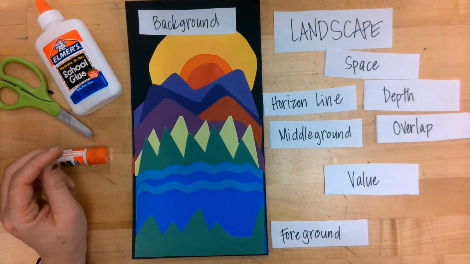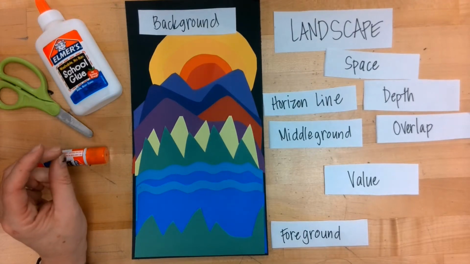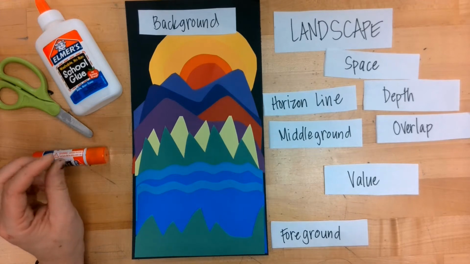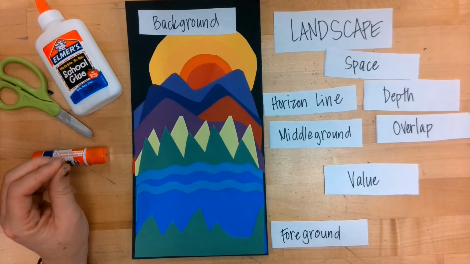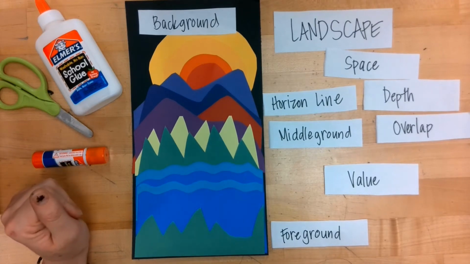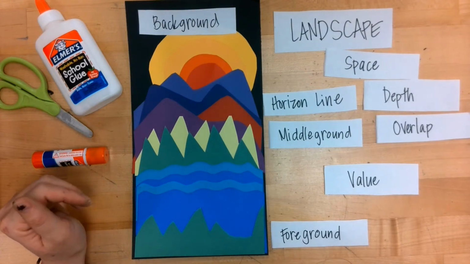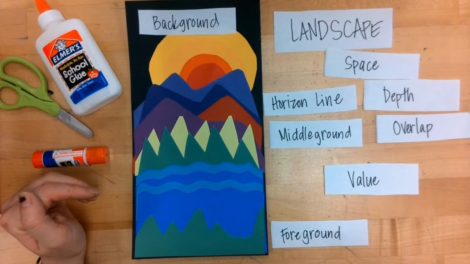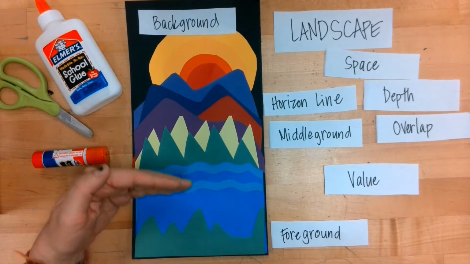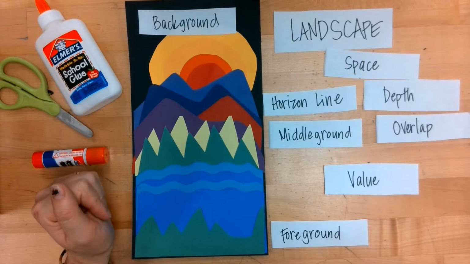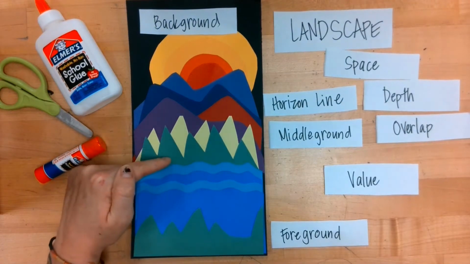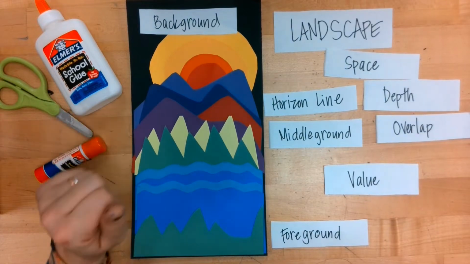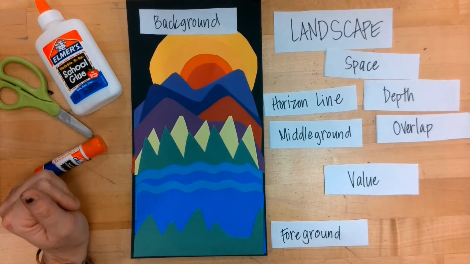A lot of times in art, we use value to help show shadow, to show the three-dimensional form of an object, where we might shade the part that's out of the light. Within a landscape, we see that the value of the color gets lighter and almost looks like it fades the further away from us that we go. So as we cut our different papers, we'll be paying attention to putting the lighter colors further away from the darker colors in the different segments of land that we're depicting within our landscape.